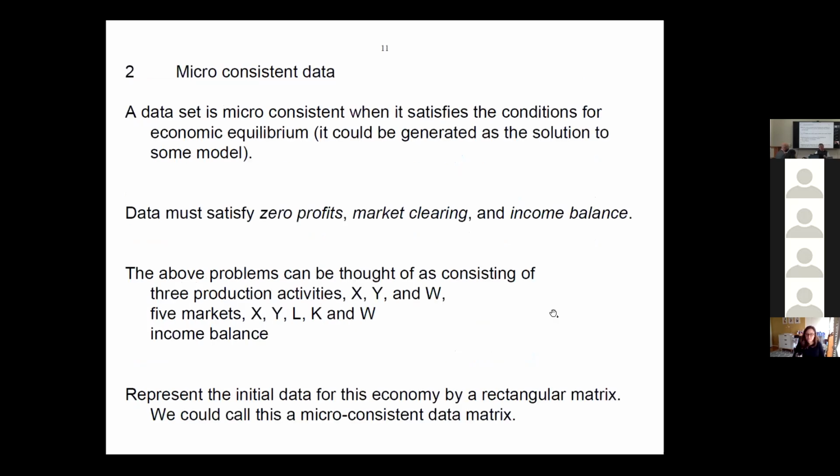Okay, so let me turn to this idea of micro-consistent data, and real data may not be. And then there are techniques for what you do about that. These input-output tables are often simply fudged, right?